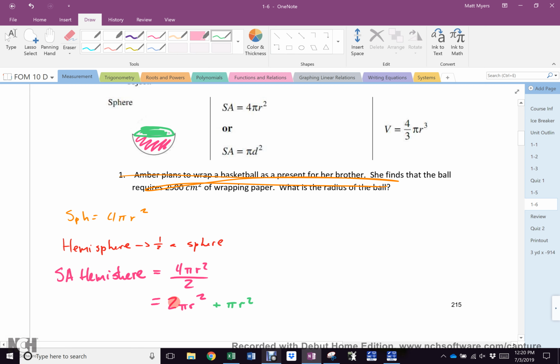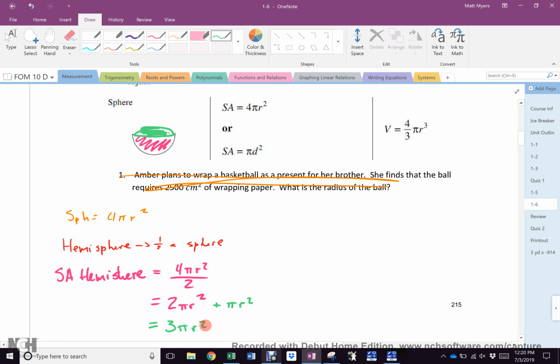So if I have 2 pi r squareds there and one more pi r squared, then what is the area of a hemisphere? 2 pi r squareds and 1 pi r squareds. For how many? I know my grade 10 students can add 2 plus 1. 3 pi r squareds for a hemisphere.